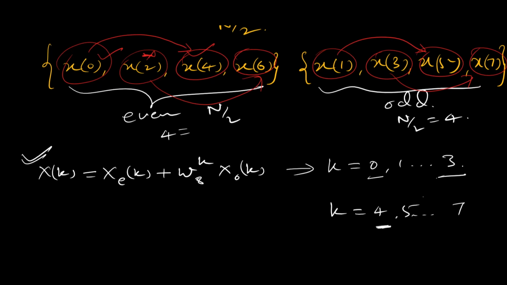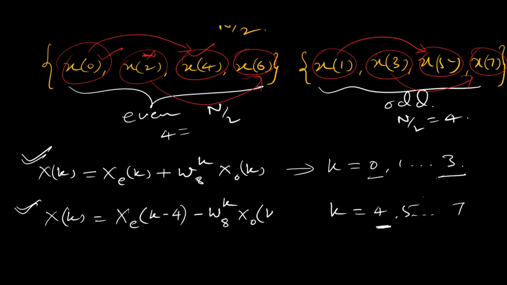In a similar way, from equation number 2 we'll have X of k equals X even of k minus N by 2, where N by 2 for this particular example is 4, minus W8 to the power k, X odd of k minus N by 2, again that is 4.